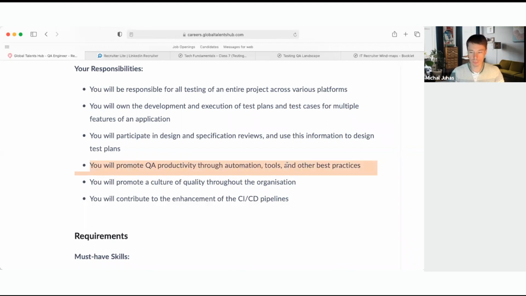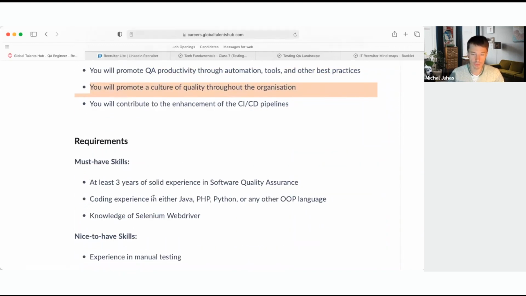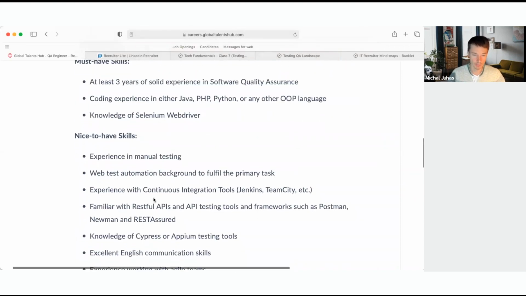So that also tells us we are not looking for a junior person. A junior QA engineer would probably be just testing, but in this case, they are looking for some mid-level person who would also already be aware of some of these best practices when it comes to test automation.